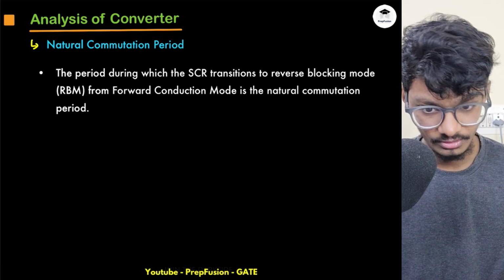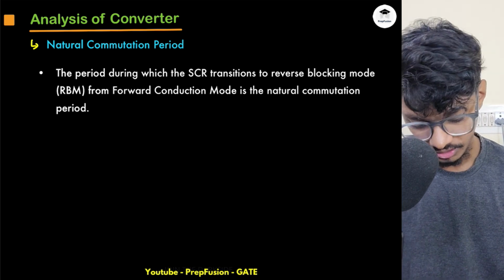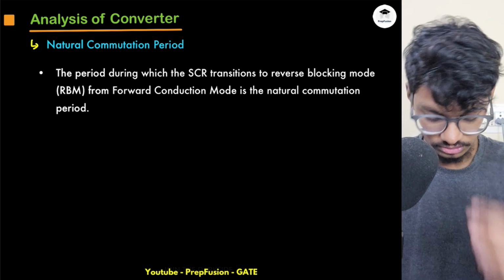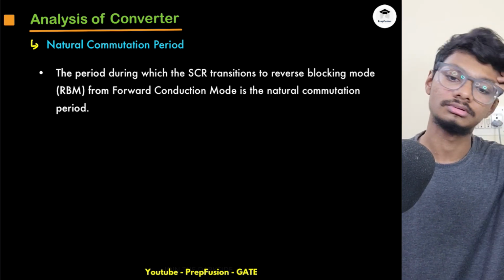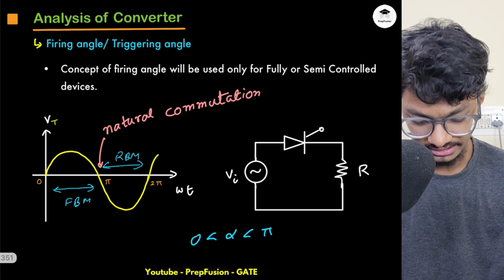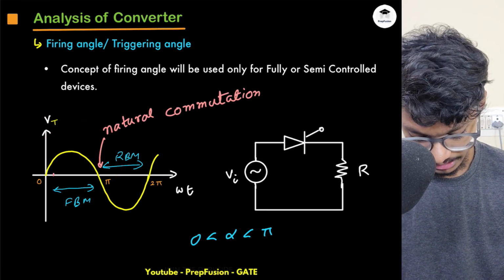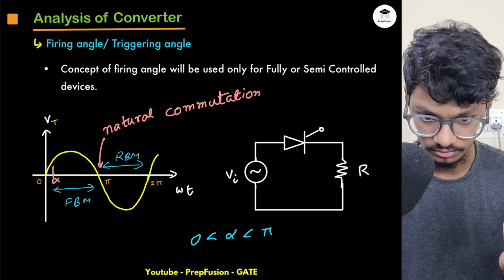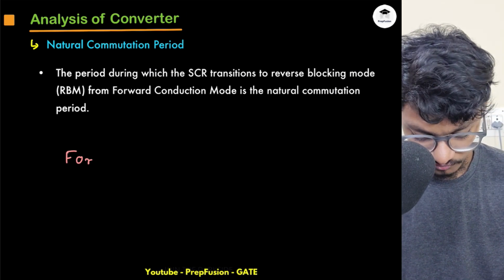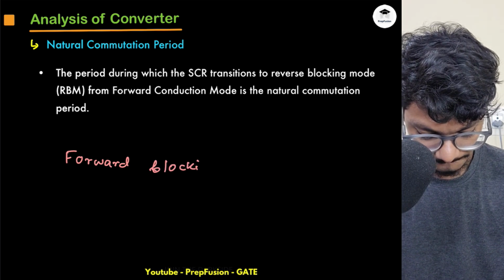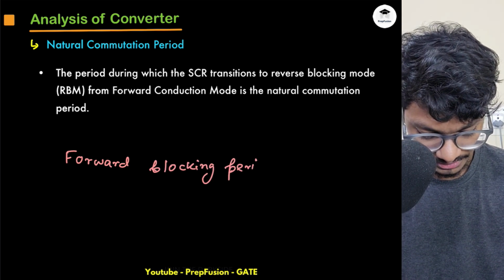Okay, so basically here two terms are there. Here, I can write this as natural commutation period. In this angle alpha my device gets turned on. So what is the forward blocking period?